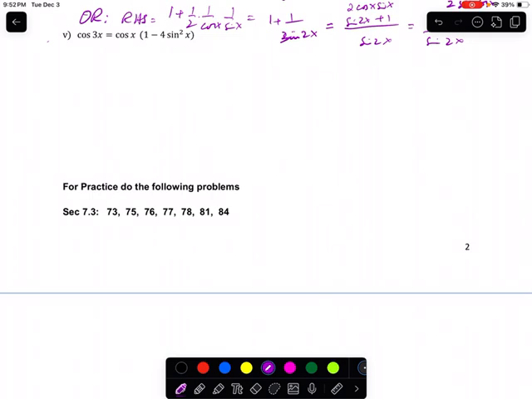Now, like we were able to write 2x as x plus x, 3x can be written as x plus x plus x, but we don't have a formula for three terms. So what we can do is write the 3x as x plus 2x and apply the formula and then go from there. So let's see.